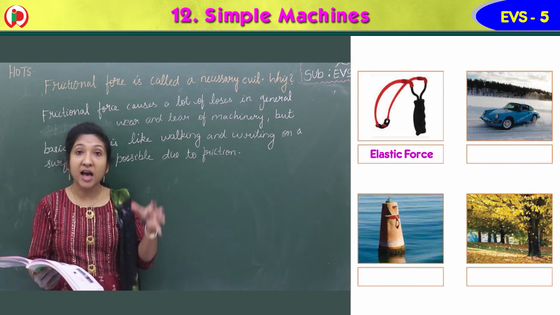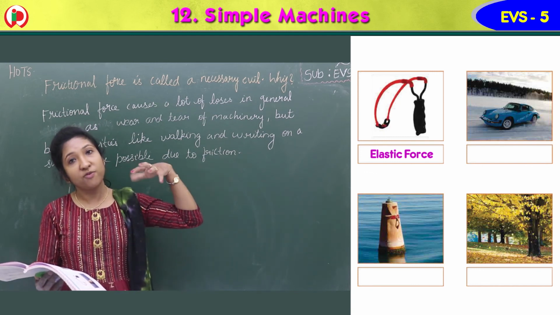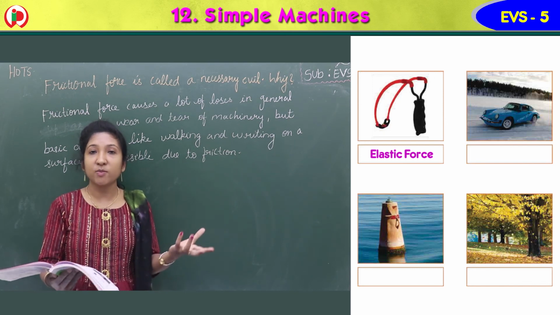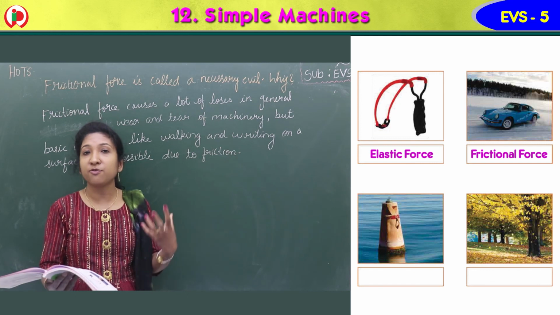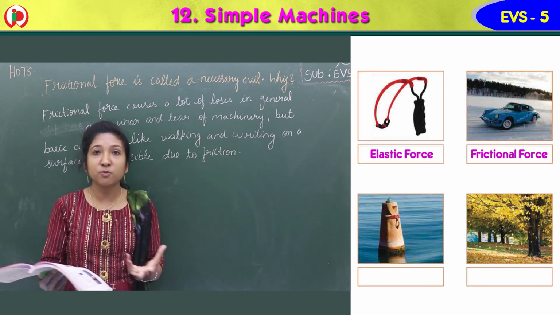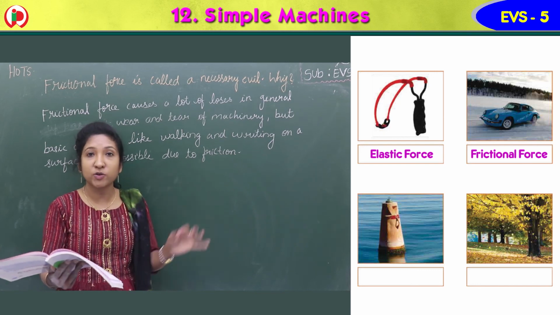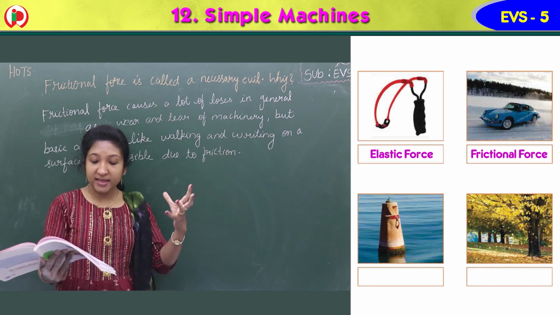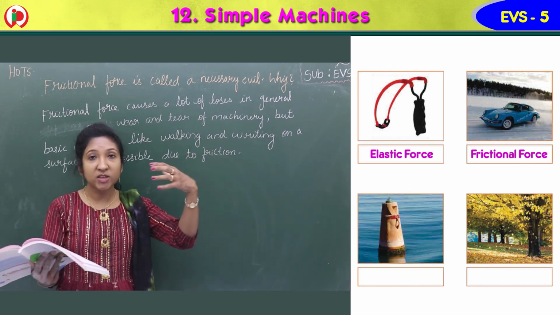Now second, a car is moving. Which force do we need to move a car, to move an object, or to stop? Yes, frictional force. We need frictional force to move a car or stop a moving car, isn't it? So write frictional force below the image. Third one, an object is floating on water.